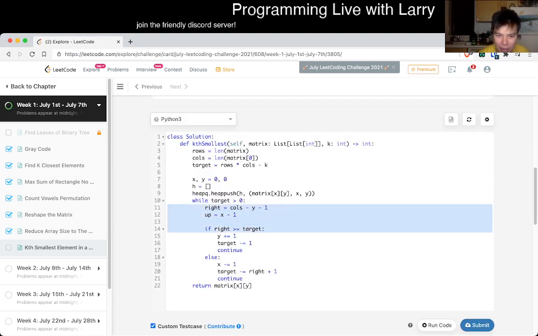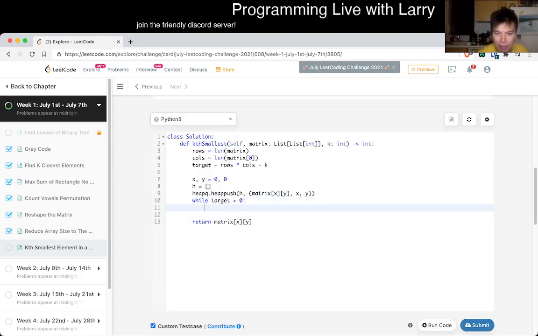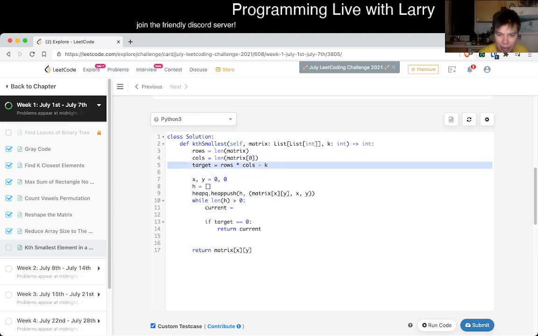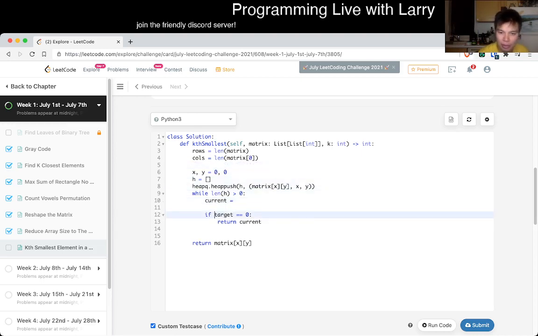And then while the length of the heap is greater than 0, if target is equal to 0, return. Current is equal to, we go straight up. Current x, y is equal to heapq.heappop of h.